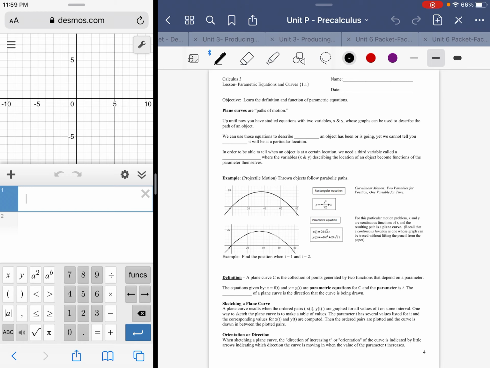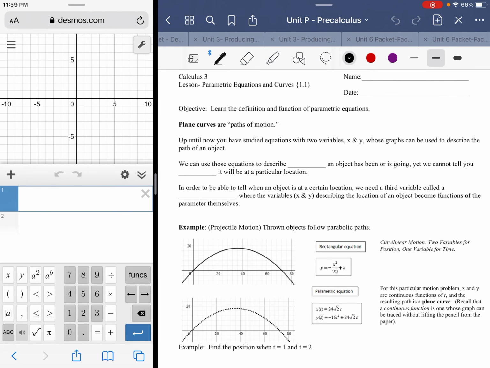All right, so we can use those equations to describe where an object has been or is going, yet we cannot tell you when it will be at a particular location. So those old school functions could tell you where they were, but couldn't tell you anything about when they would be there.